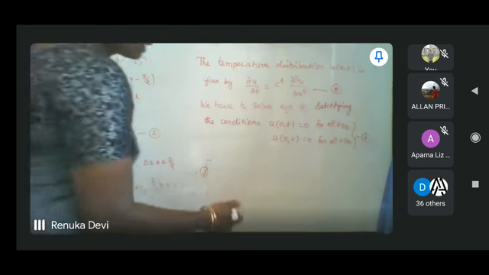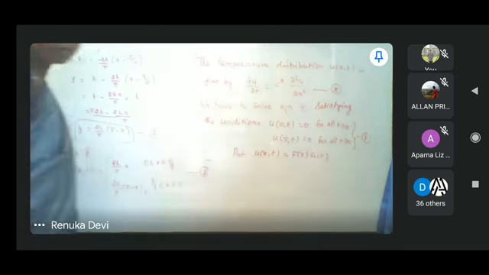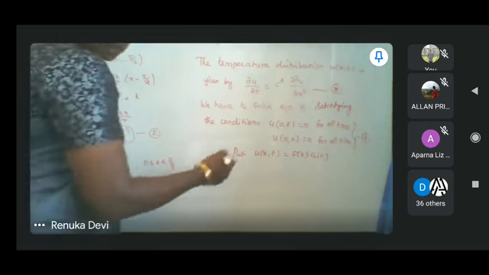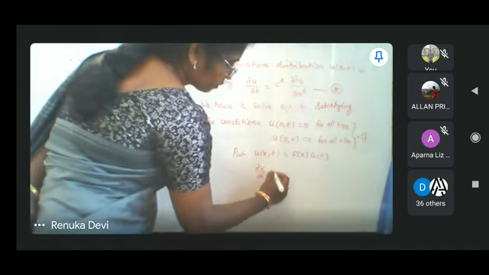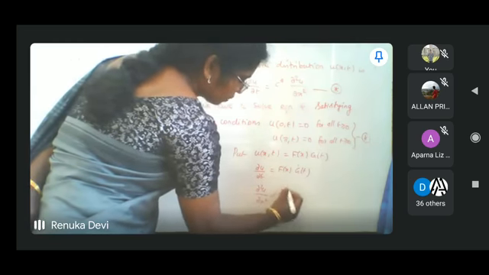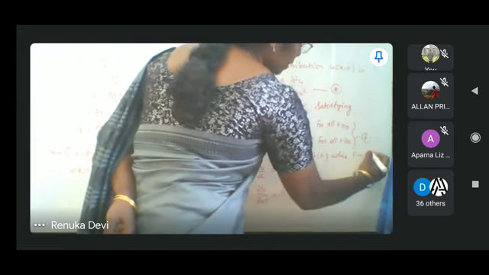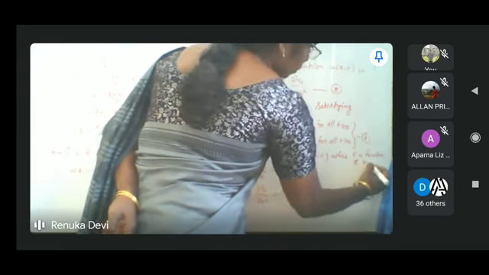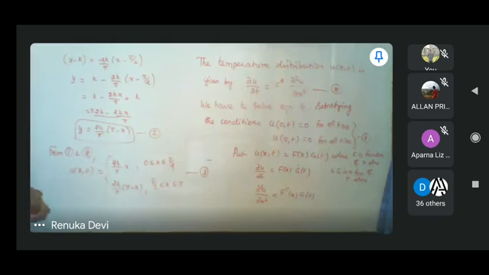So I directly put u(x,t) equal to f(x) into g(t). Then equation star will become: ∂u/∂t is f(x) g dot of t, and ∂²u/∂x² is f double dash of x times g(t). Here f is a function of x alone and g is a function of t alone.